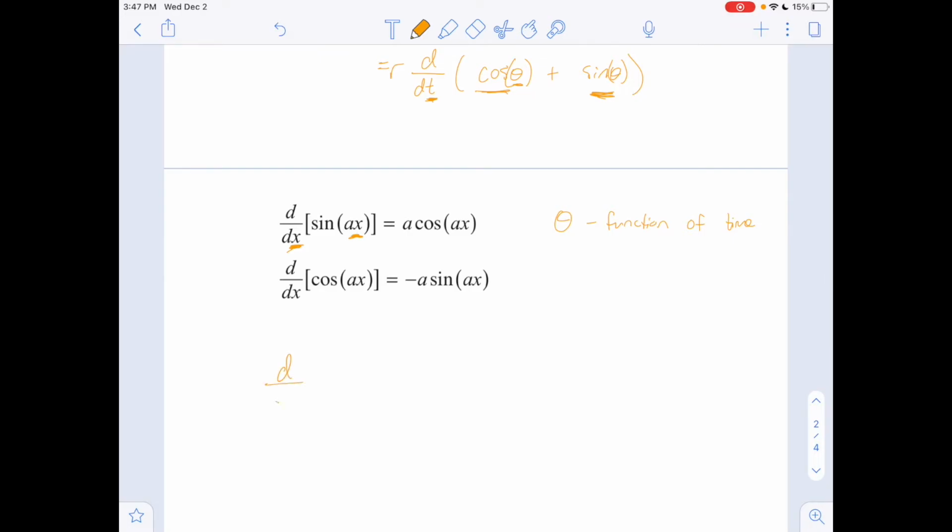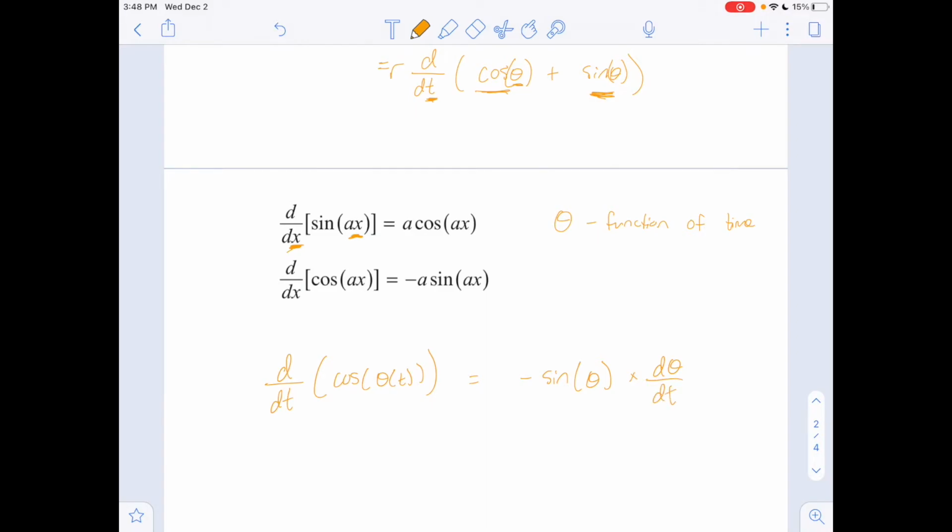So the derivative with respect to time of cosine of theta, where theta is actually a function of time, is going to equal negative sine of theta, and we're going to multiply it by the derivative of that inside function, which in this case is, we don't really know what that function is, so we're just going to write it as d theta by dt.